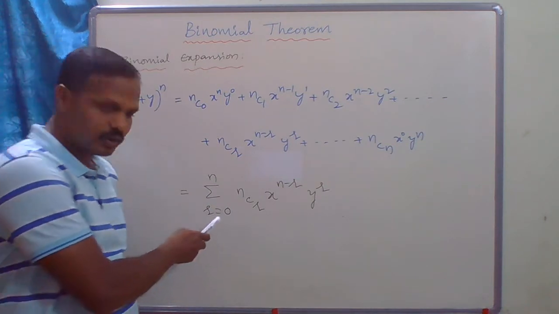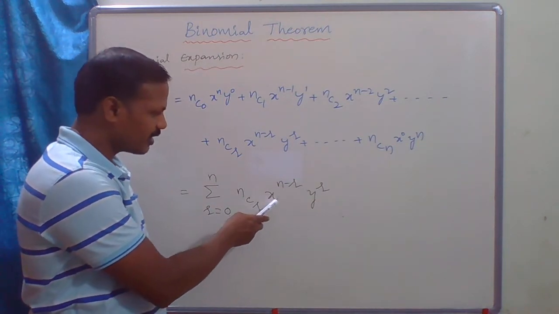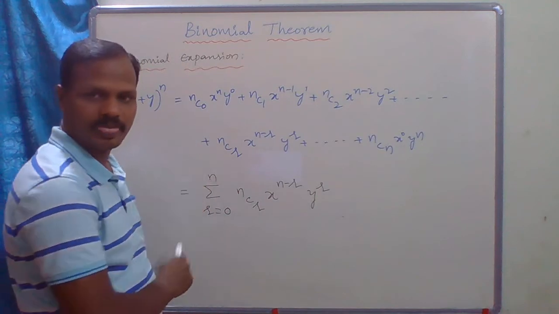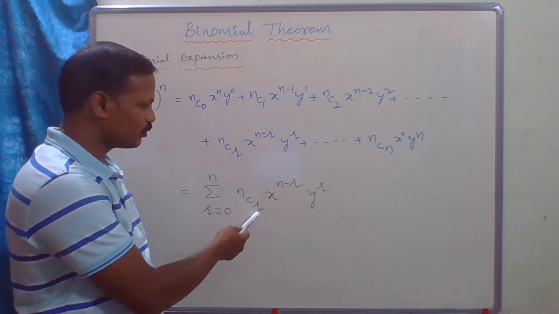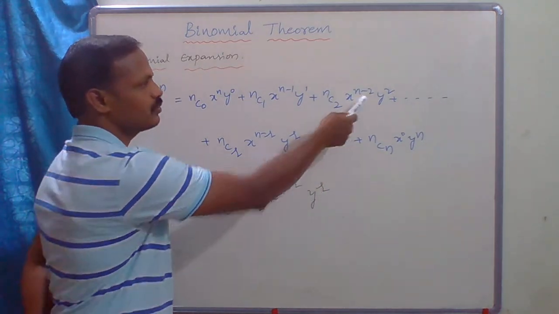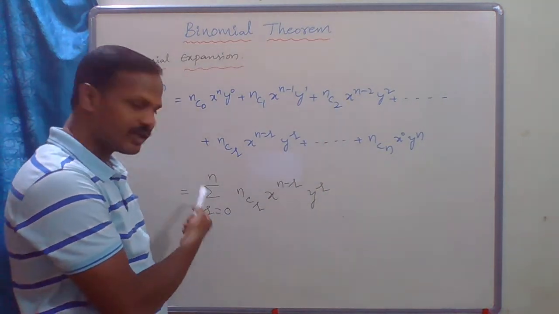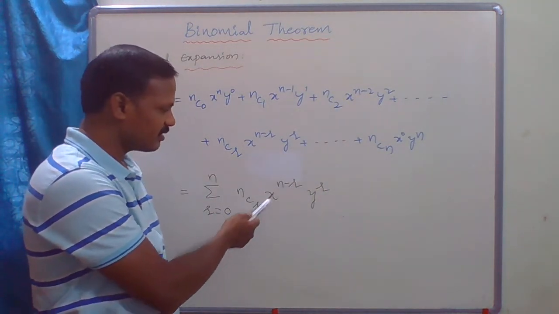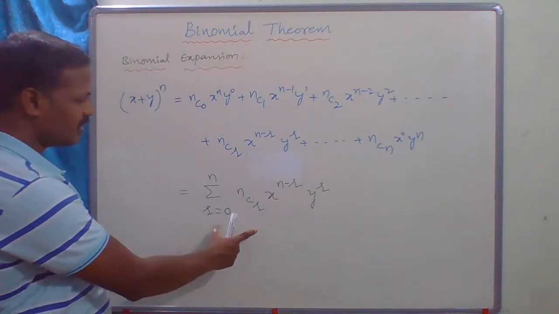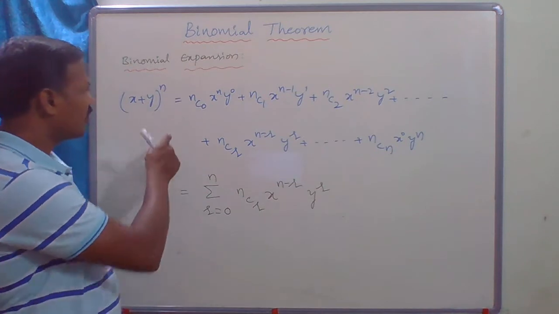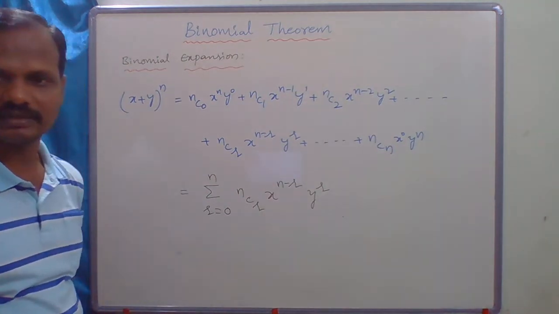If you take r equal to 0, nC0 x^n y^0. If you take r equal to 2, nC2 x^(n-2) y^2. If you take r equal to n, nCn x^0 y^n. Clear? So this is the short form of the binomial expansion.